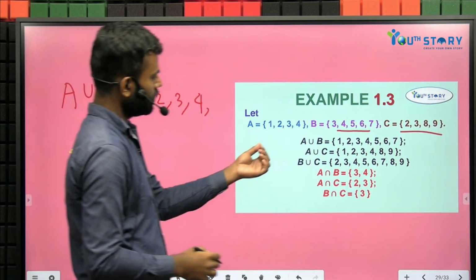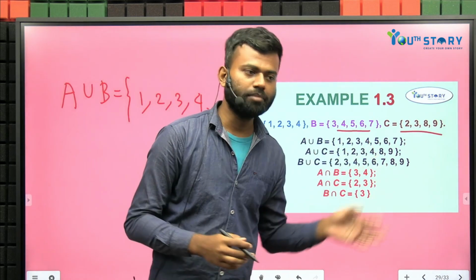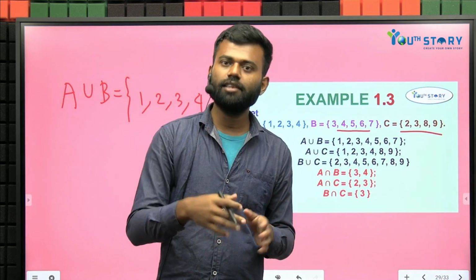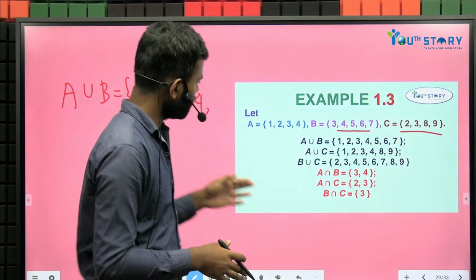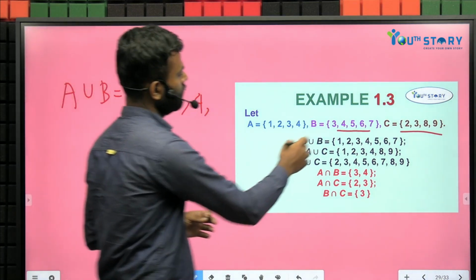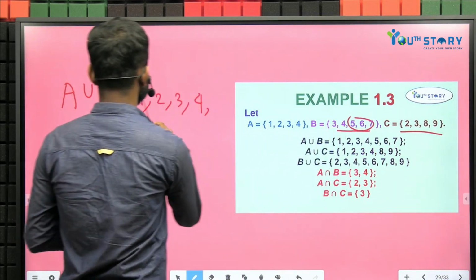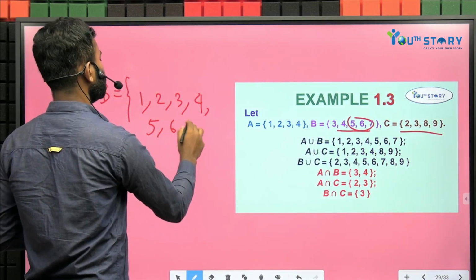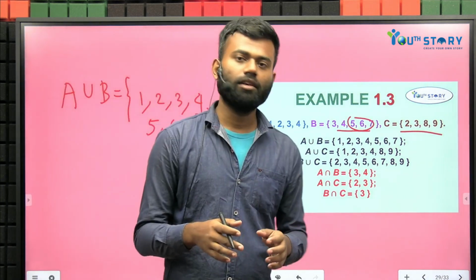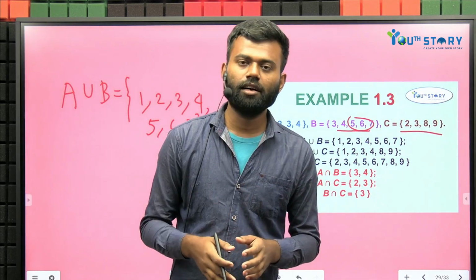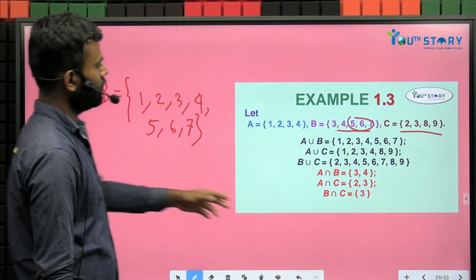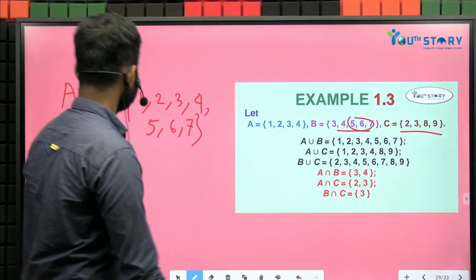Now 3 and 4 are also members of B, but we define a set as a well-defined collection of distinct elements. So now we write 5, 6, 7. We will not write 3, 4 again. If we write them, then repetition will occur, but this violates the definition of our set. So A union B equals {1, 2, 3, 4, 5, 6, 7}.